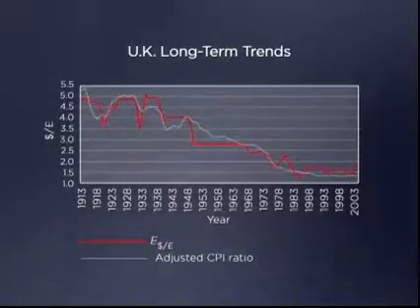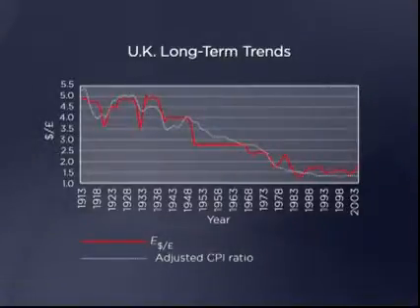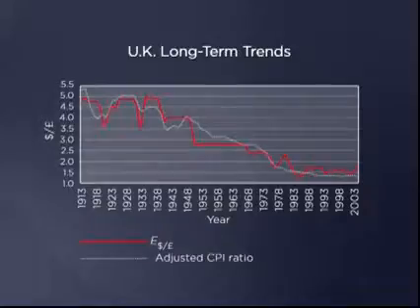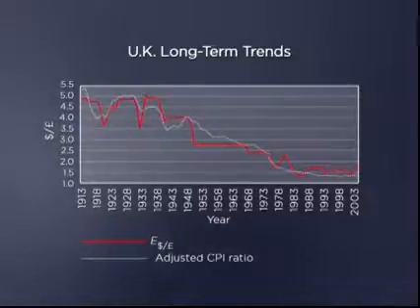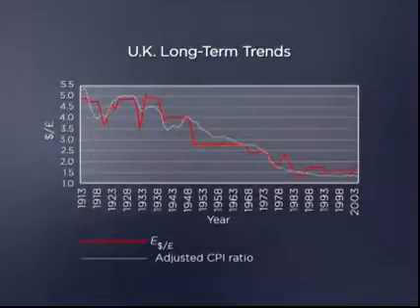And in the same diagram is plotted an adjusted ratio of the country's consumer price indices during the same period. The adjusted ratio represents an estimate of the ratio of the costs of market baskets in the United States and in the United Kingdom. What do you see in the diagram? Well, to me, the diagram makes clear that over the long run, exchange rates do track relative prices.